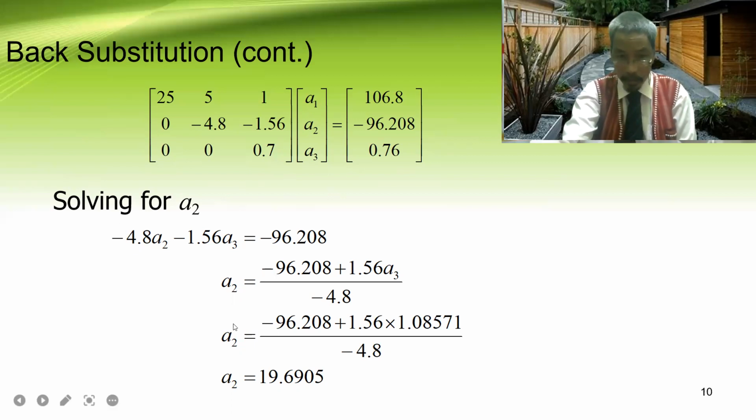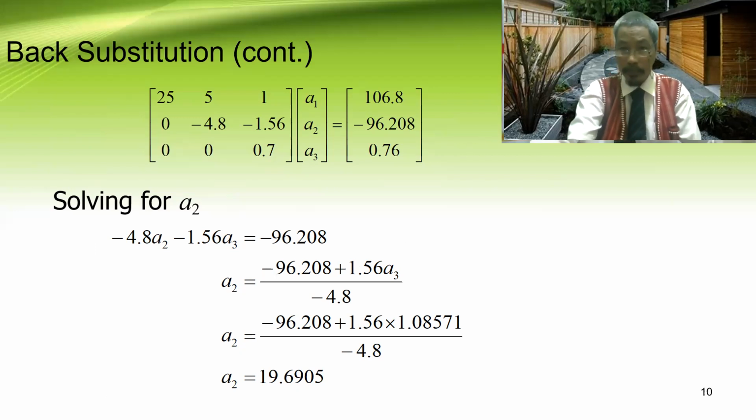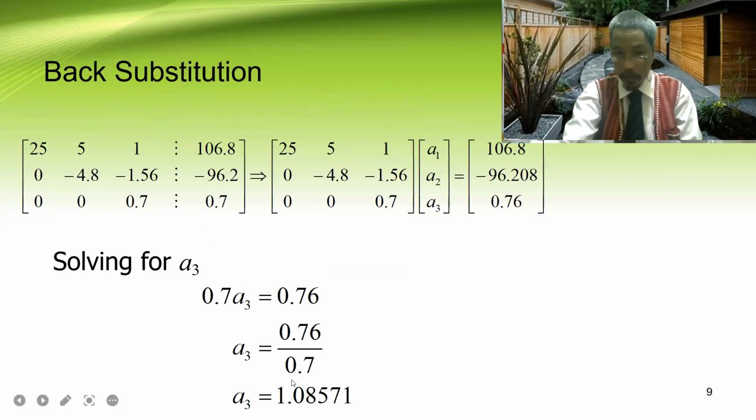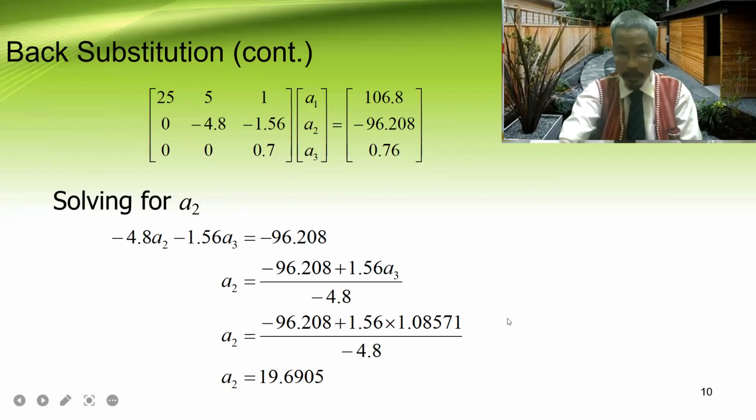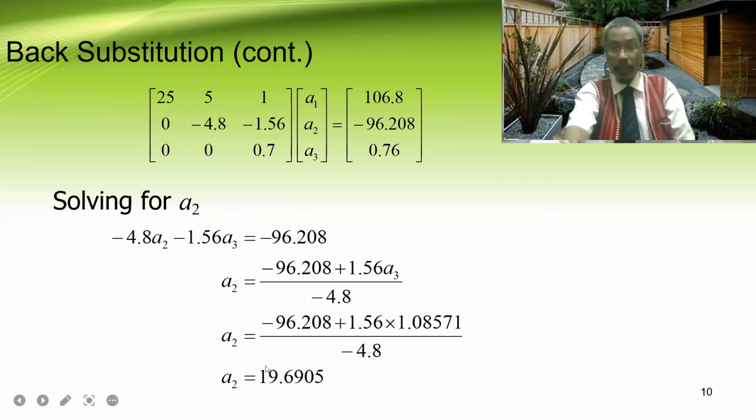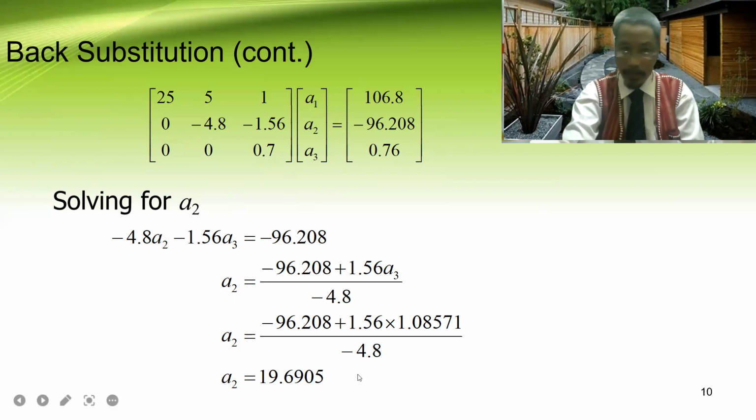So A2 therefore is negative 96.208 plus 1.56 times 1.08571, the value of A3 that we already solved in the previous page, divided by negative 4.8. Therefore, A2 is equal to 19.6905.